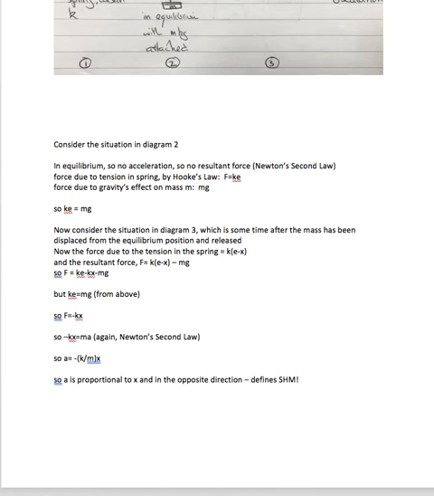What about that expression that I said we were looking for? Now, since we know this is SHM, we can say the acceleration is minus omega squared x, which means, of course, that K over m is omega squared.